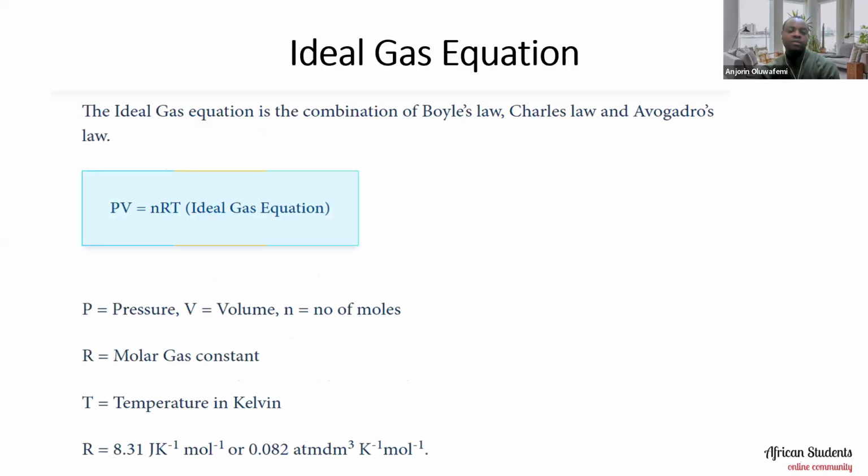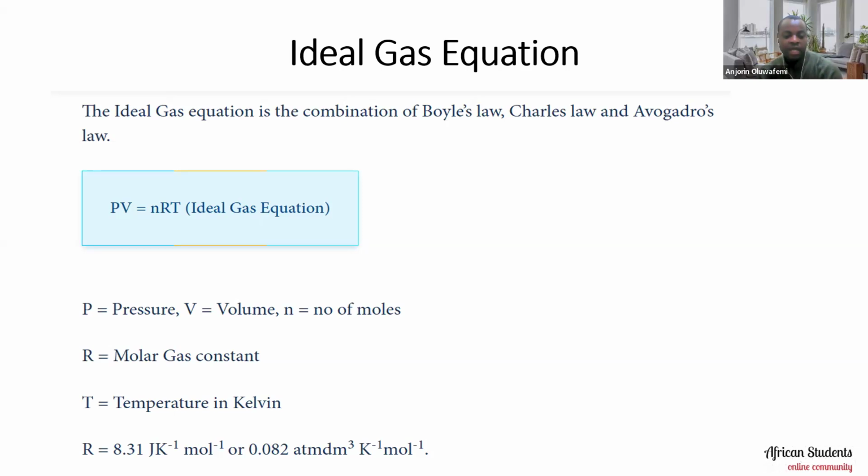Ideal gas equation. The ideal gas equation is a combination of Boyle's law, Charles' law, and Avogadro's law. So basically, our ideal gas equation states that PV equals nRT, where P is the pressure, V is the volume, n is the number of moles, R is the molar gas constant, and T is the temperature in Kelvin.